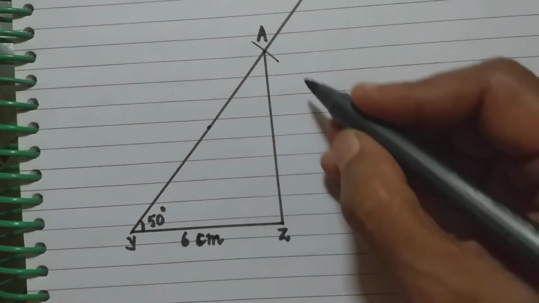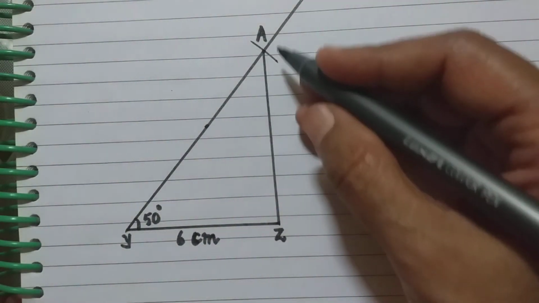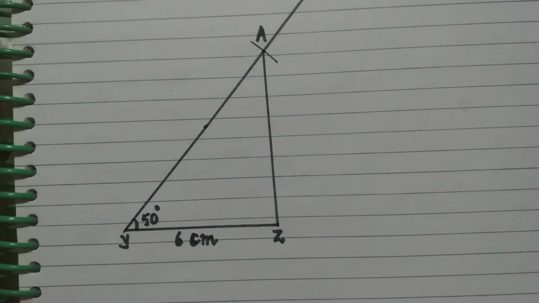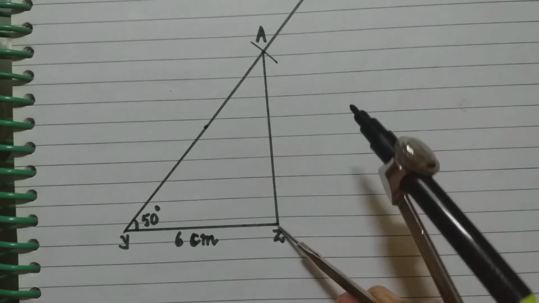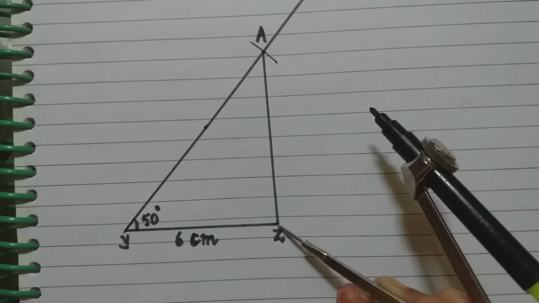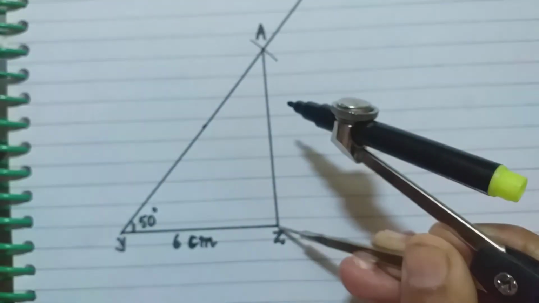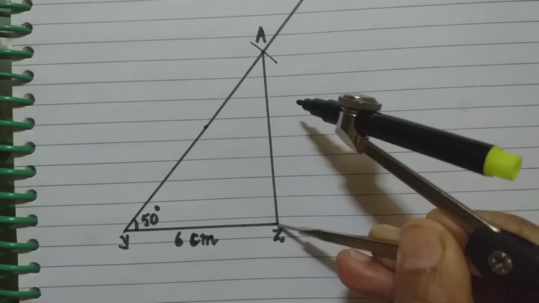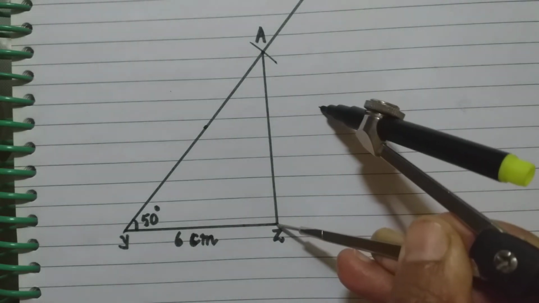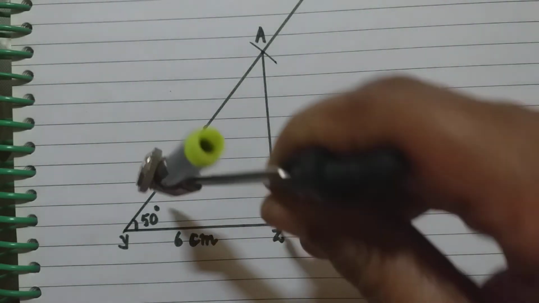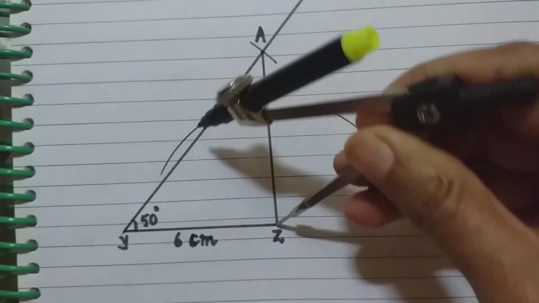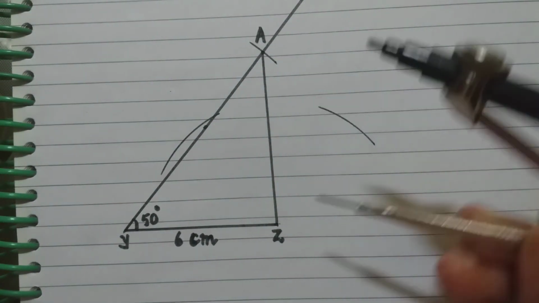Our next step is to draw the perpendicular bisector of the side AZ. So we keep the point of the compass at Z and with the radius little more than half of the length of the side AZ, we draw arcs above and below the line segment AZ.